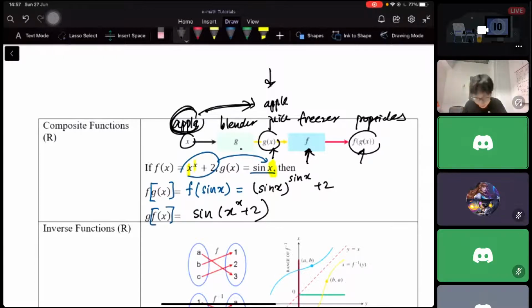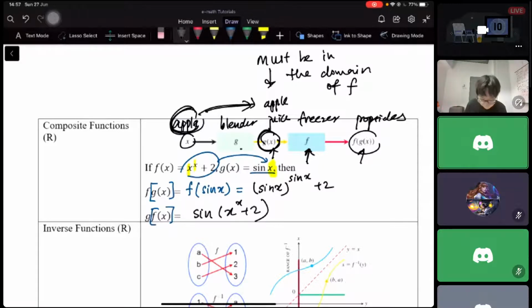So basically it means your first output must be in the domain of the second function, in this case our f.